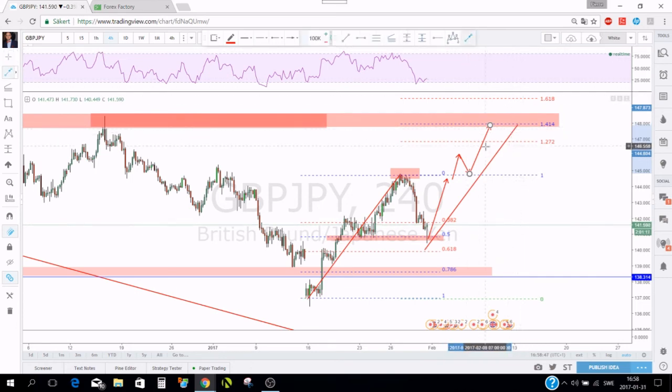And if you're going to long this one, the first take profit should be at this level, and if it gets broken, you put your stop loss to break even and let it run all the way up here. Your second take profit should be in this area if we get there, and expect a reversal at least to a 0.38 Fibonacci correction from the CD leg.